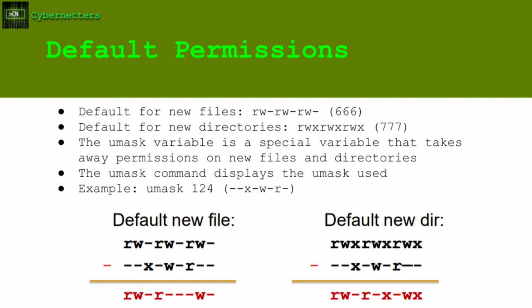So one, execute, will be removed from others, two, write, will be removed from group, and four, read, will be removed from owner. So the final permissions applying umask 124 would be as shown. In simple terms, umask ensures that new files and directories aren't too open by default, which prevents security risks.